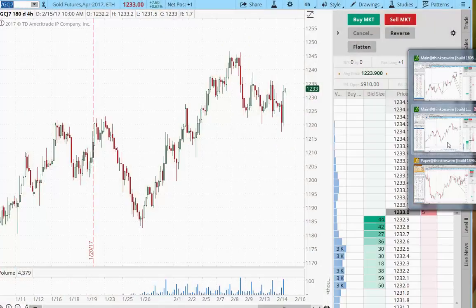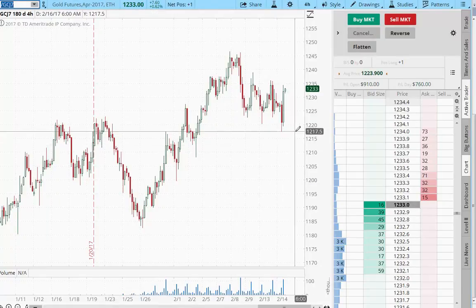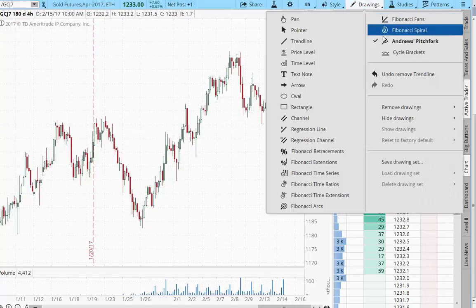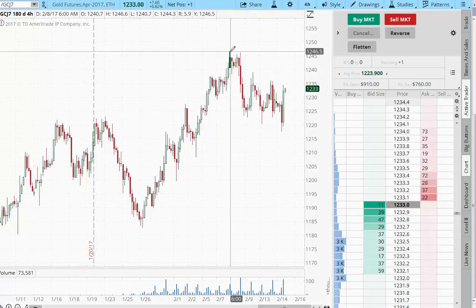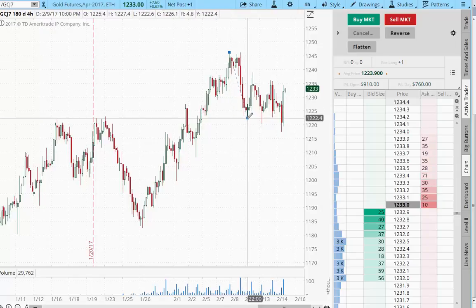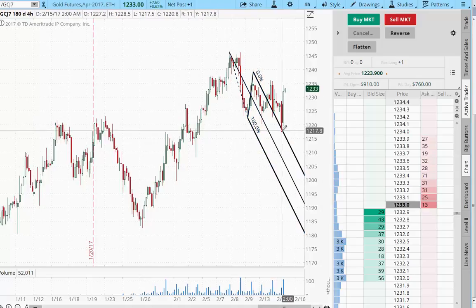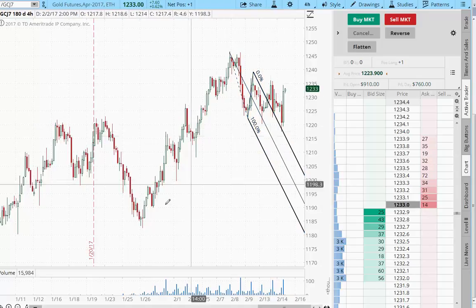Let's look at this one here. Okay, this is gold, and as you may recall, this morning I sent out a thing to the private group of the Andrews Group, emphasizing this reversal point here.